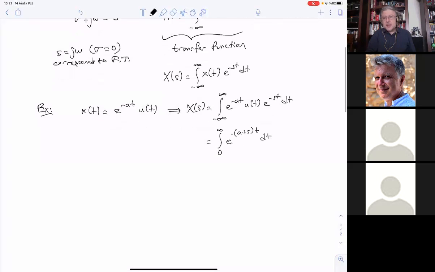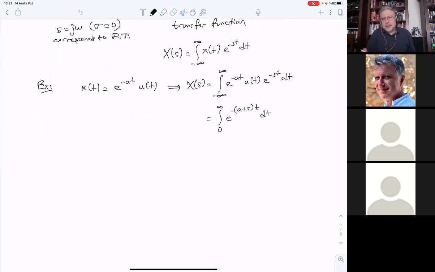If we assume that the real part of a plus s is positive, then e to the minus a plus s t is a decaying exponential, and this integral converges to 1 over s plus a, or a plus s.